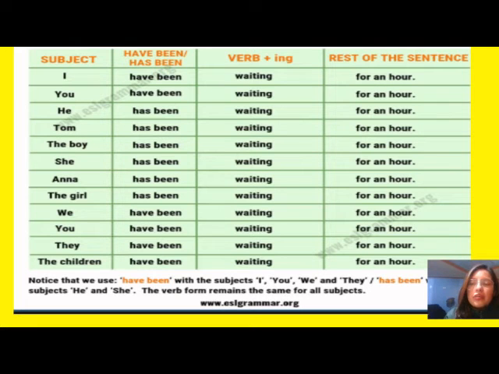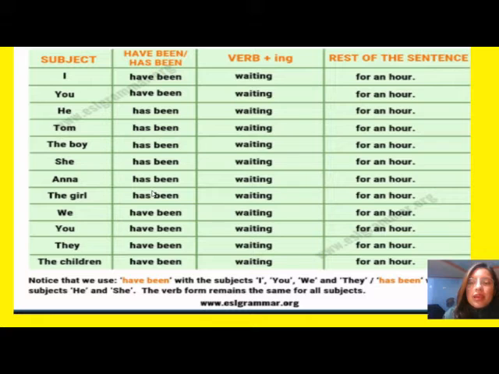And we, you, they, you have to use have, and the children, los niños, we are talking about a lot of people, you have to use have, okay? And then you have to use the verb been, have been, has been, okay?